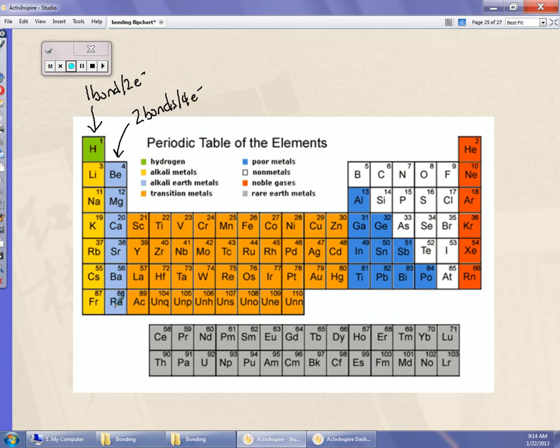They also will most likely form ionic compounds and will not be an issue. And then the column here with boron, aluminum, and so forth will have 3 bonds and 6 electrons. These are going to make up your last exceptions to the octet rule.